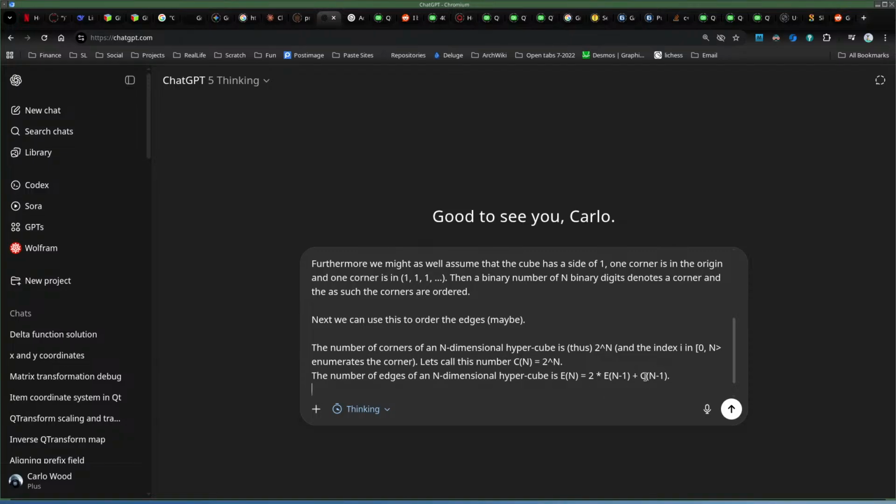So C, well, we know C. For one dimension, the number of corners is 2, so 2 to the power 1. And for 0 dimensions, 2 to the power 0 is 1. So C0 is 1. And E0 has to be 0. I mean, what else can it be?